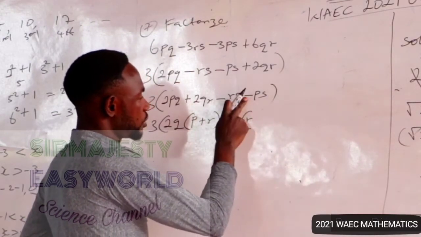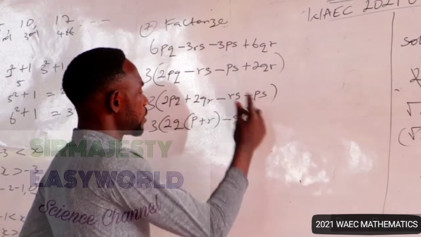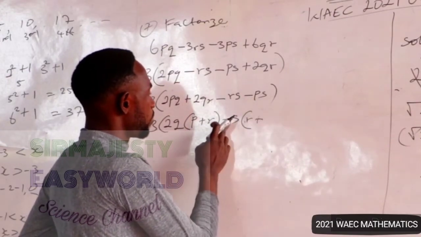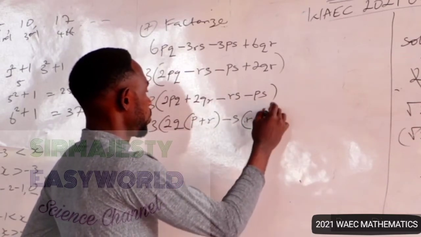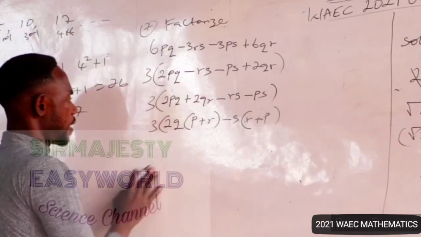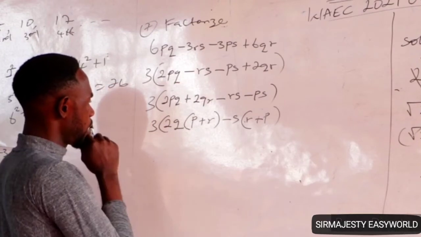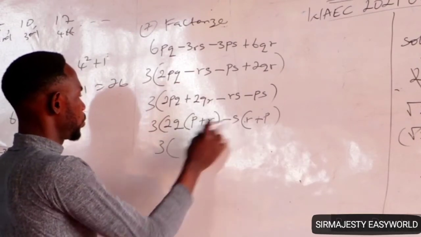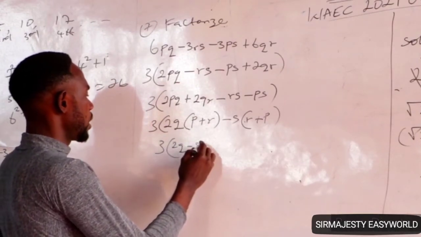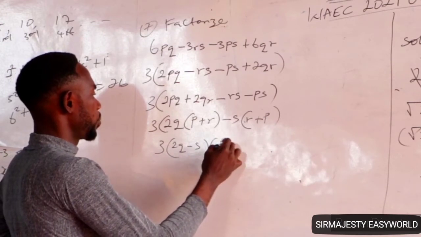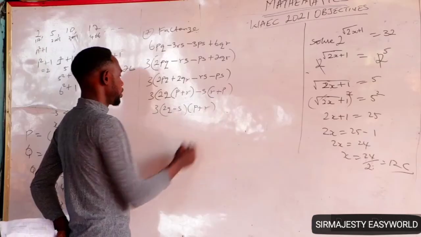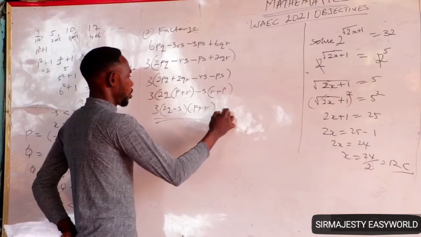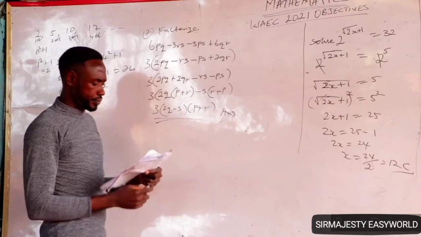By so doing, you have changed this sign. So how do you maintain this sign? This is supposed to be plus because minus times plus will give you minus. So this should be P. Then having the common factors here, we have that 3 bracket, you choose one, 2Q minus S bracket P plus R. Remember, P plus R and R plus P is the same. So this should be the correct answer.